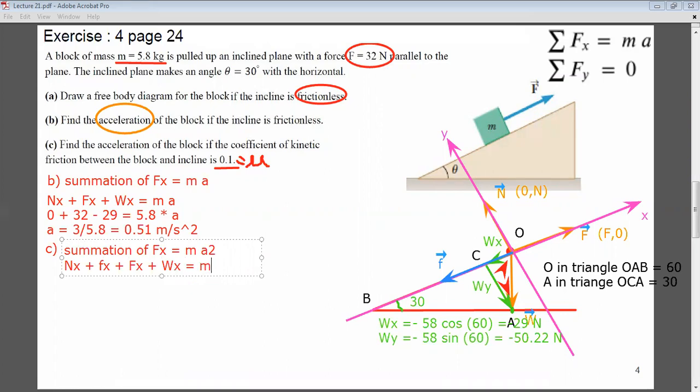Nx is 0, we know it already. Friction is all on the x-axis, but it's in the opposite direction, so it's minus f. Fx is 32, it's given, plus Wx is minus 29, equal to 32 minus 29 is equal to 5.8 times A2.